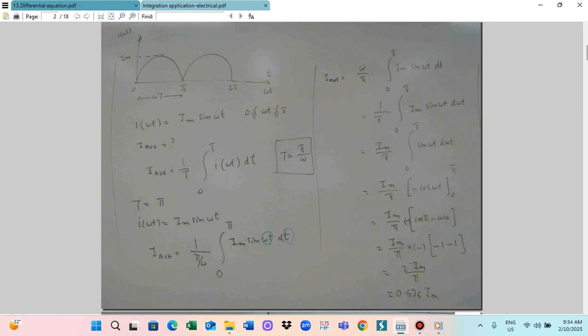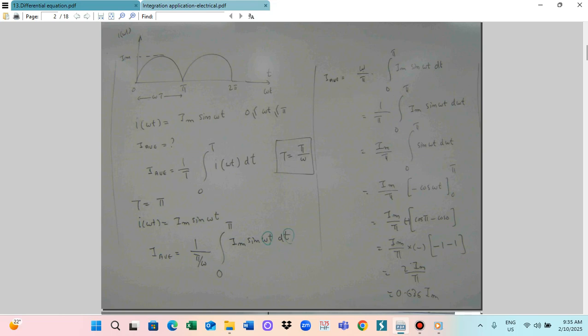So the integration of 0 to pi sine omega t d omega t, you integrate, that will be the minus cos. So this becomes Im by pi, minus cos omega t, 0 to pi. Then instead of omega t you substitute pi, and you also substitute 0. So this becomes Im by pi, minus cos pi minus cos 0.